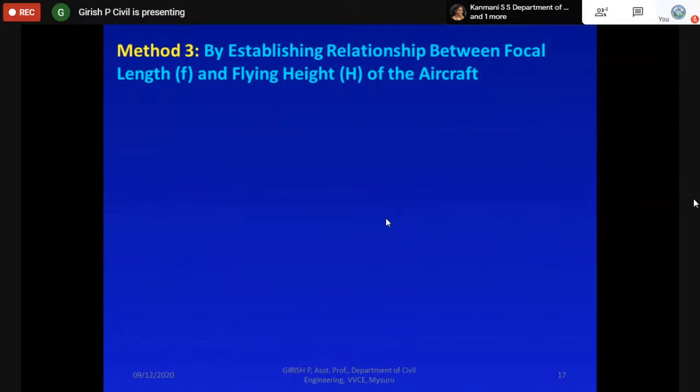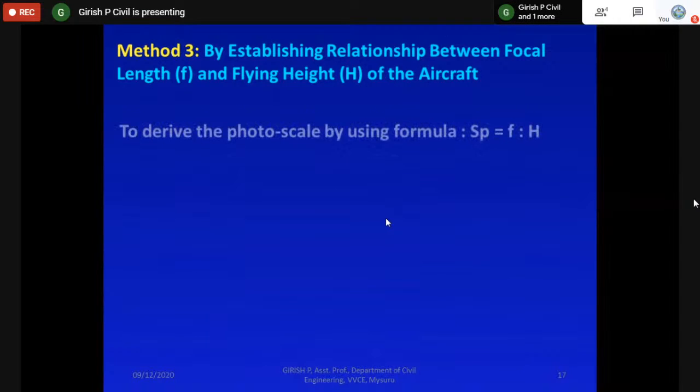Another one, the last method of establishing the scale of the aerial photograph, is the relationship between the focal length and the flying height. The focal length F, the flying height H of an aircraft.